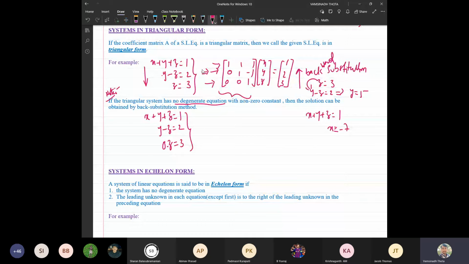Suppose the upper triangular system, or any triangular system, lower triangular system, has no degenerate equation, then what you can do?